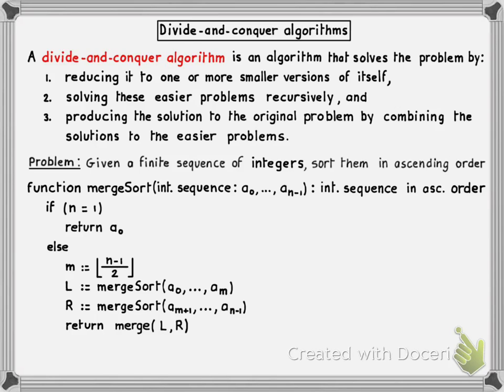The main step in this algorithm is to cut the sequence in half by finding the index m of the middle element. Then recursively call merge sort on the two halves of the sequence, the first half and the second half, get as results two sorted subsequences L and R, and finally merge these two sequences into the final sorted sequence that the algorithm returns.